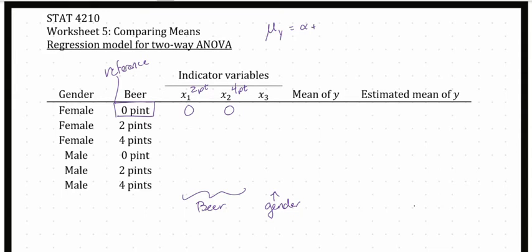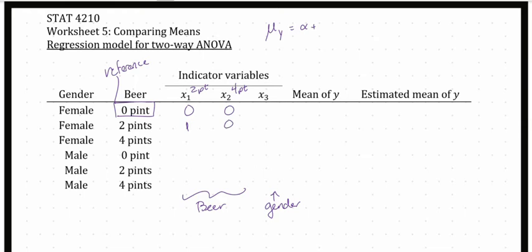For a female who has had 2 pints of beer, what should be the values for x1 and x2? You're right, because x1 is the indicator for 2 pints, that should be a 1. We are indicating correctly that they have had 2 pints of beer. Because x2 is the indicator for 4 pints, that indicator should be 0.